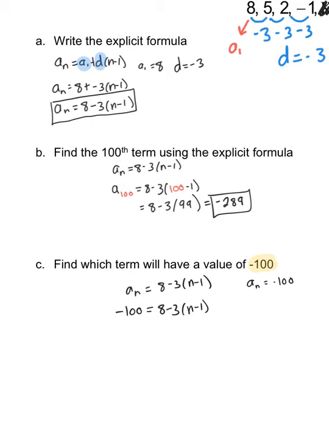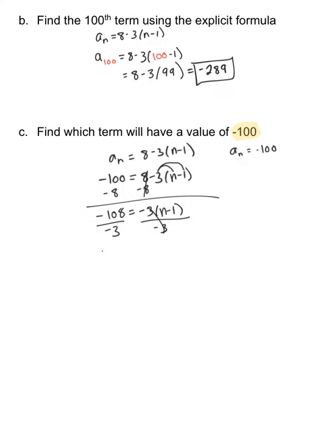I can't do that because the 3 that's here is really attached to that set of parentheses that's there. So I can't do 8 minus 3 and turn it into 5 and then divide by 5. So instead, I'm going to subtract 8 from both sides. And then to get rid of the negative 3 that's in front of the n minus 1, I'm going to divide both sides by negative 3.